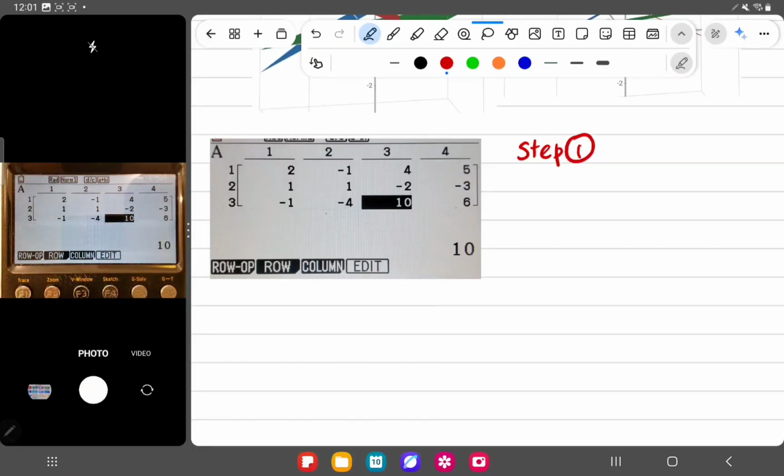Step 1, eliminate x from row 2. Multiply row 1 by negative 1 over 2, and then add it to row 2. This gives the new row 2.